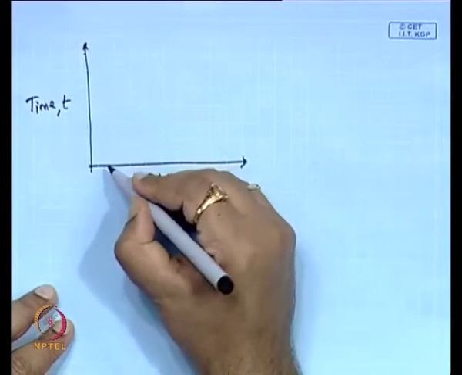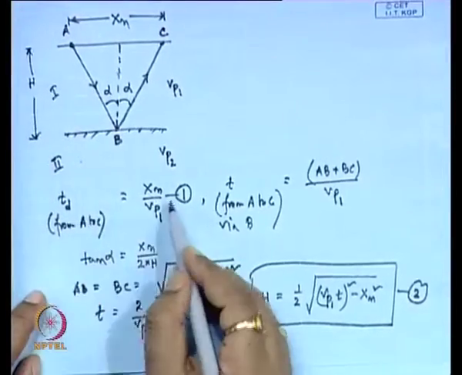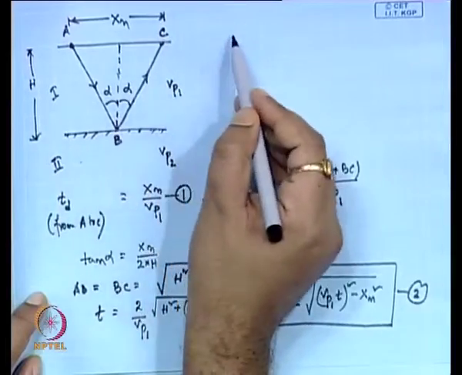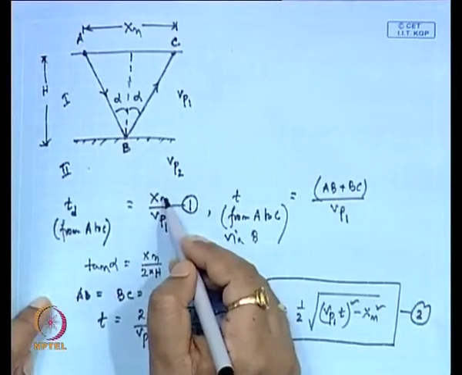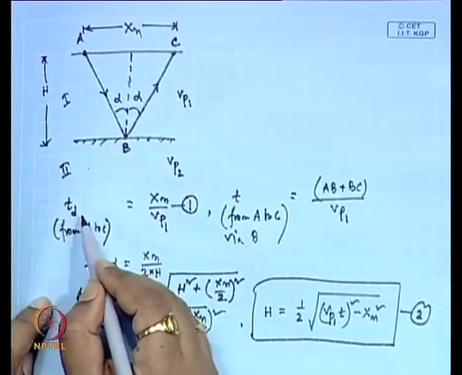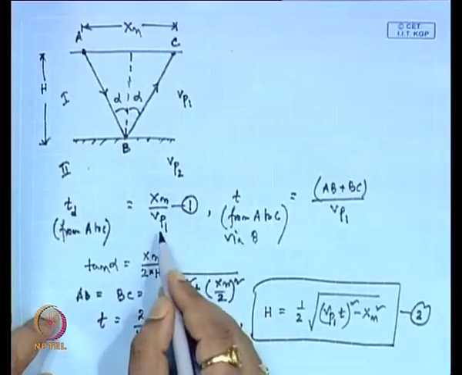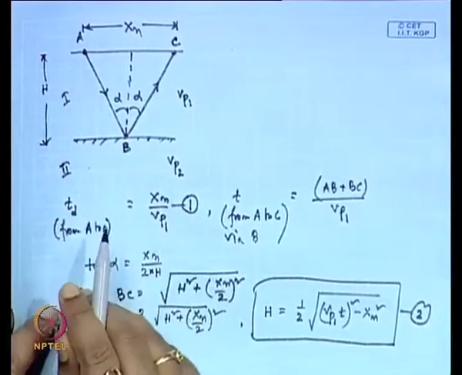So, for the first equation, that is t equal to x n divided by V p 1, if we put the receiver at different distances, then this x n will change. Similarly, the t will also change and it will follow a linear fashion, and the slope of that linear graph will give you 1 by V p 1.